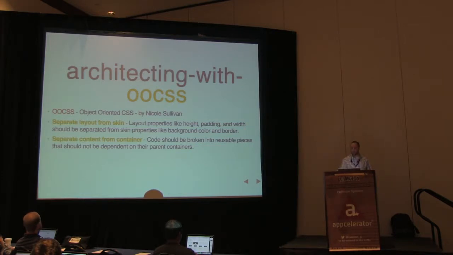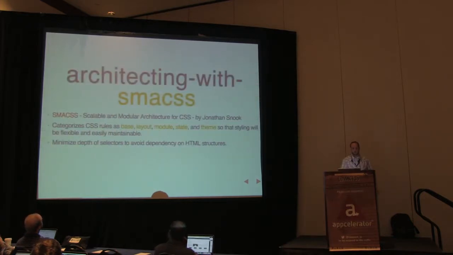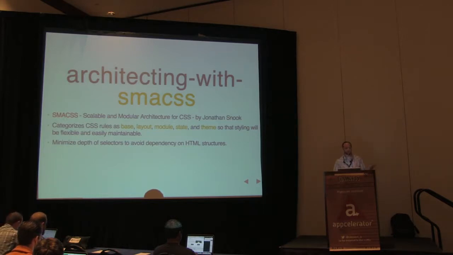I also want to look at a project called SMACSS. SMACSS stands for Scalable and Modular Architecture for CSS. It's a book written by Jonathan Snook, and I think it's a must-read for anyone that's writing CSS. Some really great stuff in here. At a high level, here are the two main points that I got out of the book.